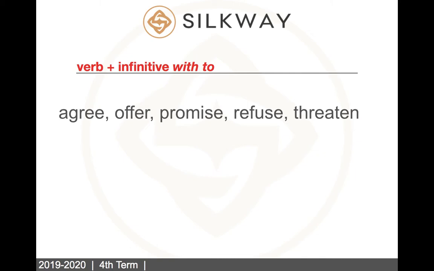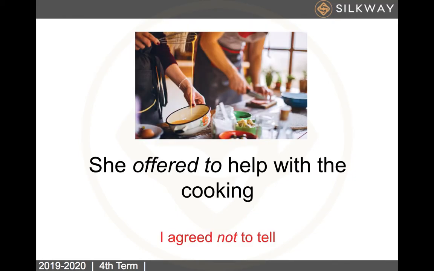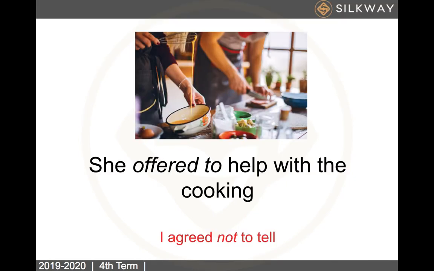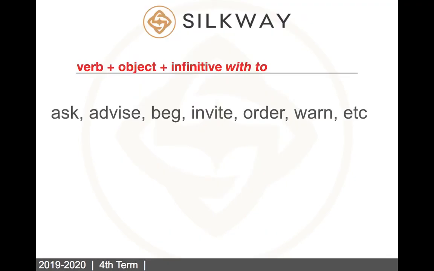These verbs, agree, offer, promise, refuse, and threaten, are used with the infinitive with to. So after them we say, she offered to help with the cooking. I agreed not to tell. The negative one will be like this. Okay, offered to. So if you can see, agree, offer, promise, refuse, threaten are used with the infinitive. Offered to help.